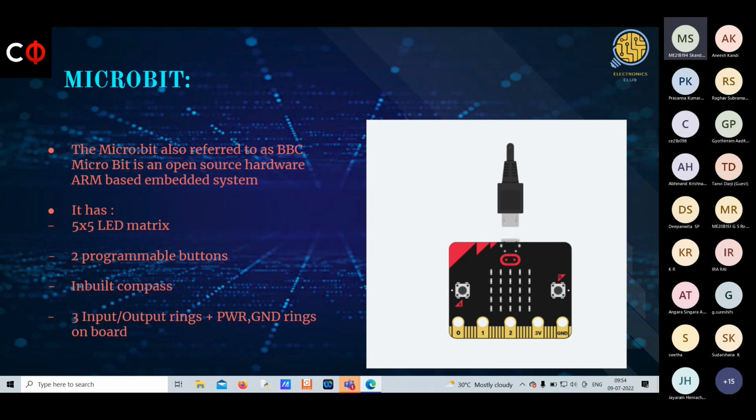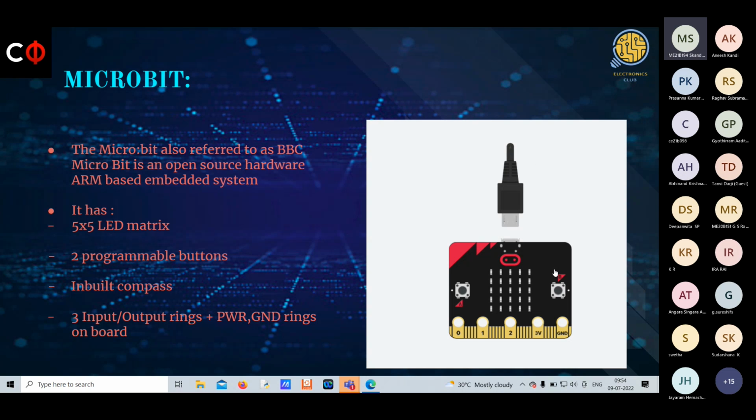The microbit is a pocket-sized computer developed by the BBC to demonstrate how software and hardware interact with each other. It was developed for educational purposes. It has LEDs and many input output components that you can see. You have the pins, you have your ground pin.